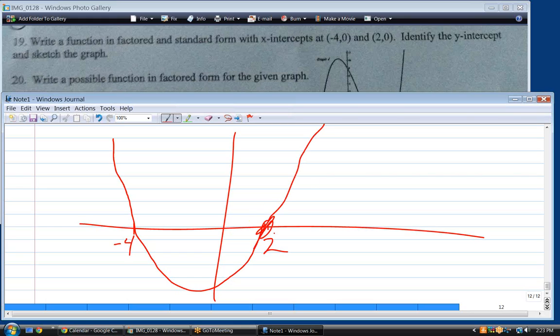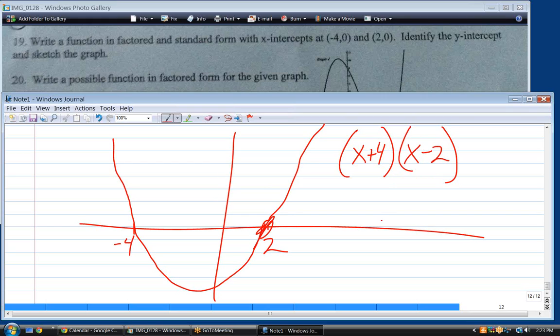Well, if my x-intercepts are minus 4 and 2, then my linear factors are x plus 4 times x minus 2. In other words, I know that this quadratic function is the result of multiplying these 2 things together.